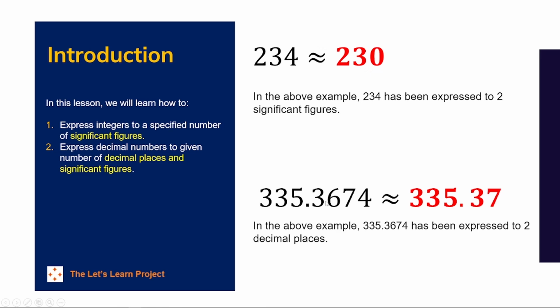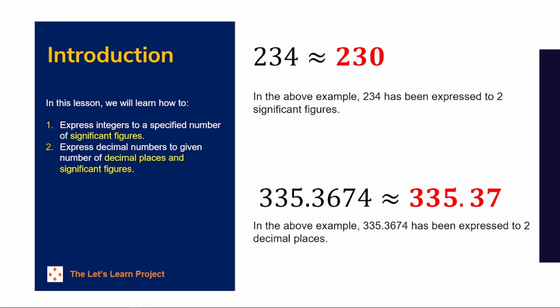Down here too, you see that we have 335.3674 being approximately 335.37. This means that we have rounded the number on the left to two decimal places. Also, you can see that the last digit has been rounded off.